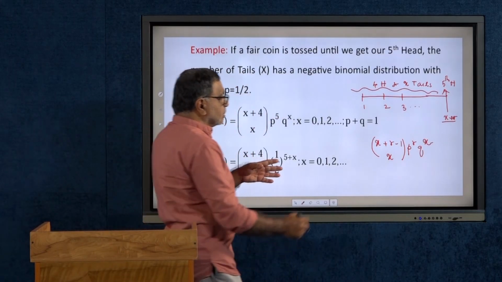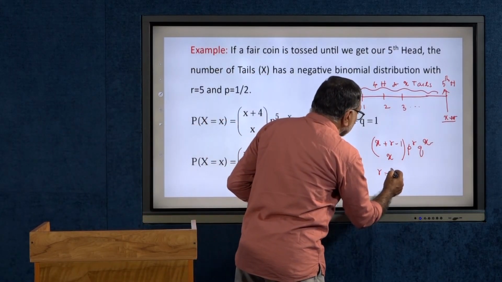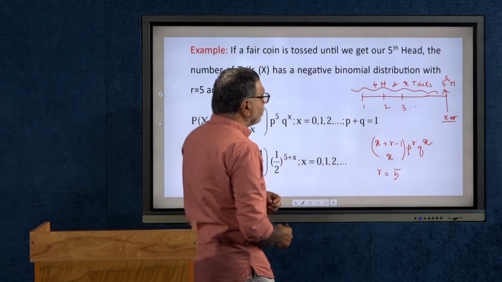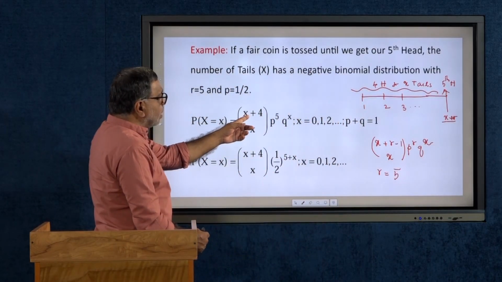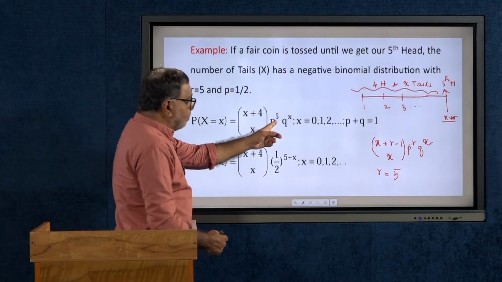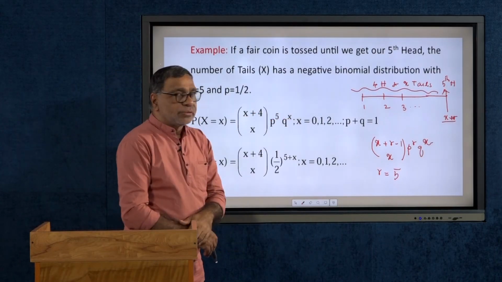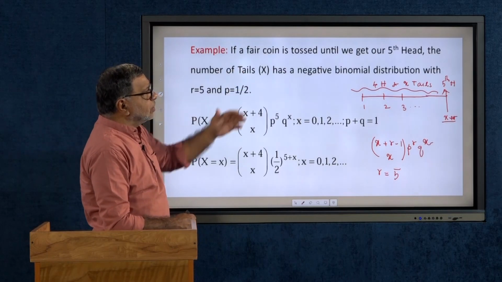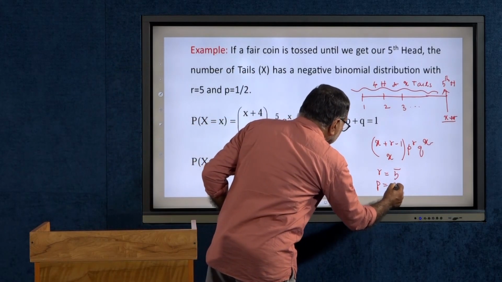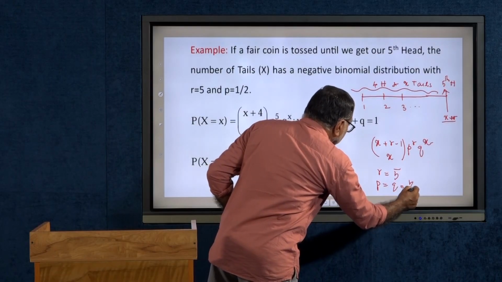So, here R is equal to the number of successes fixed, that is 5. So, X plus R minus 1, that is X plus 4 C X, and P power 5, Q power X. And since it is an unbiased coin, P and Q are equal, and they are equal to 1 by 2.